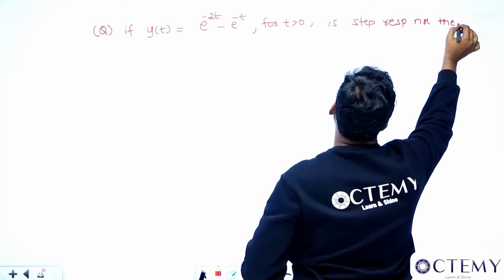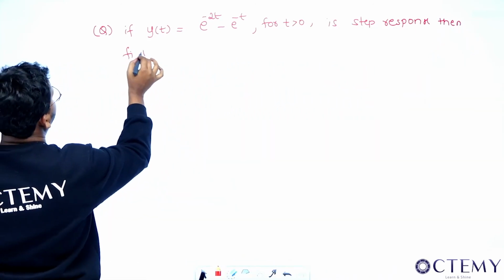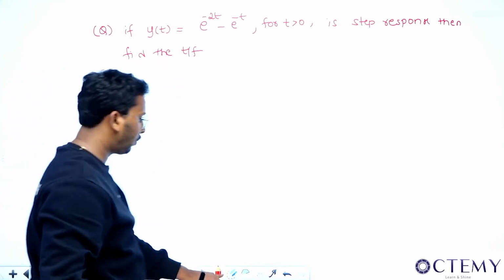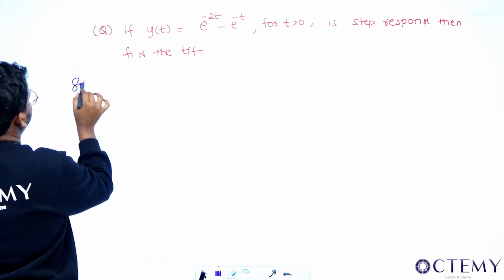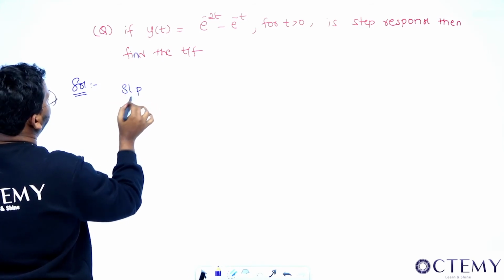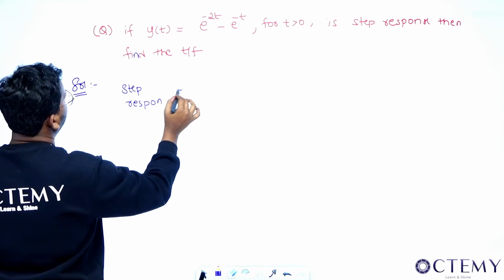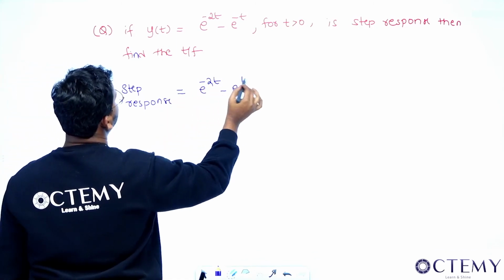then find the transfer function. So see, sir, what we'll get here? Solution. Step response is what, sir? Step response is equal to e power minus 2t minus e power minus t, right?